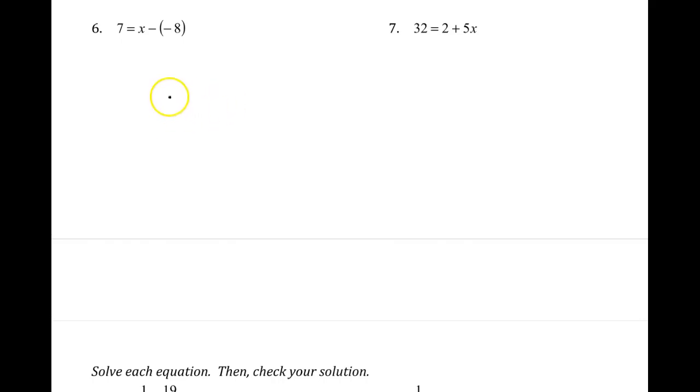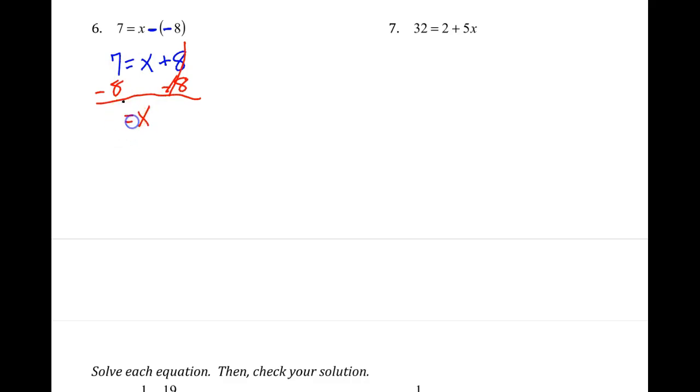Look at 6 and 7. We have a double sign here, so let's take care of that first. So we'll have x equals 7 minus 8, and then 2 negatives will make a positive. And then we can do the algebra of subtracting 8 on both sides. So we get 0 here.